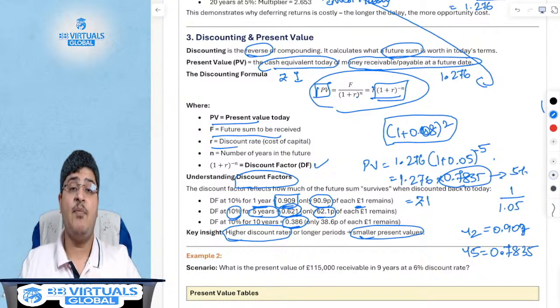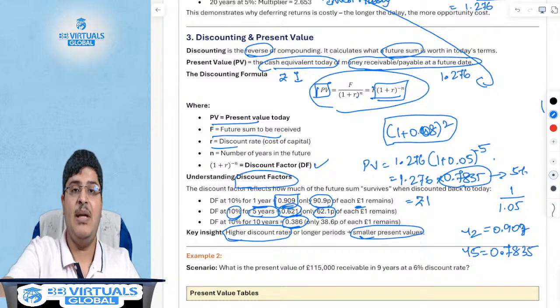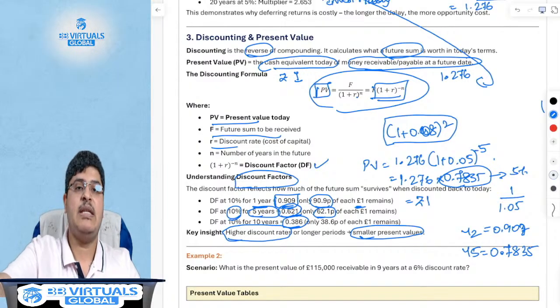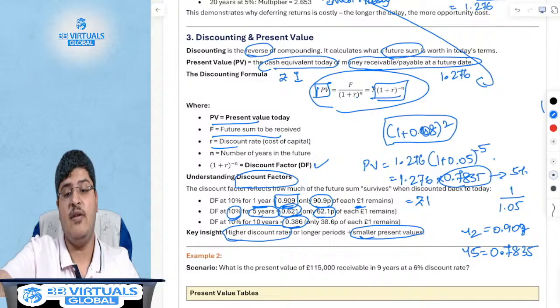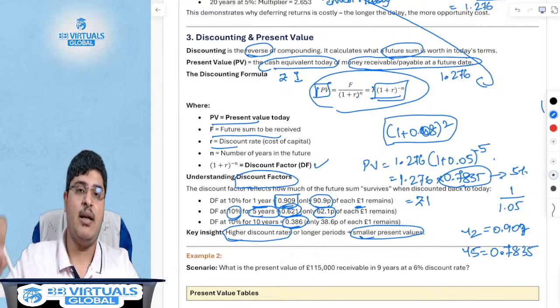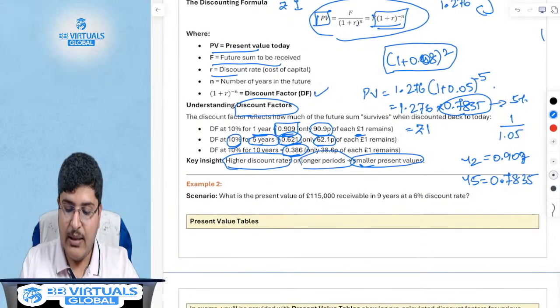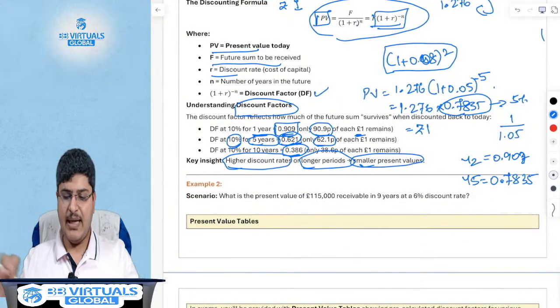In other words, to get the same 5 lakh rupees in 5 years, you will have to invest less money today if you're investing at an interest rate of 10%, compared to investing at an interest rate of 5%. Or if the period is longer, just logically think, keeping aside the formula and the math.